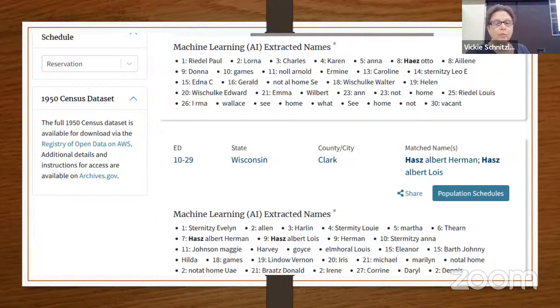We also have a Herman Haas on line 7. That was my grandfather. He's listed again on line 9. I'm not exactly sure how that was, but they are listed in there. So it will pull up other names in that enumeration district with the same last name, and sometimes that's helpful.